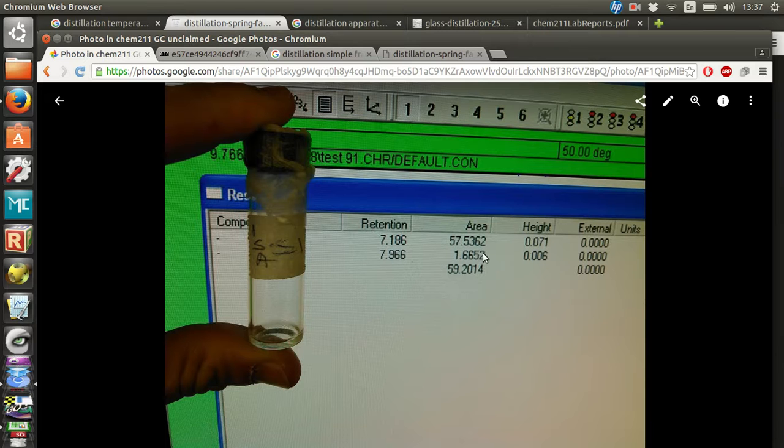It's probably the case that one of these is some impurity that we don't know about, and the other one is either hexane or toluene. But that is not a certainty. It may very well be that one of these is hexane and one of these is toluene, and the gas chromatogram just ran in a way that was somehow irregular and unexpected.